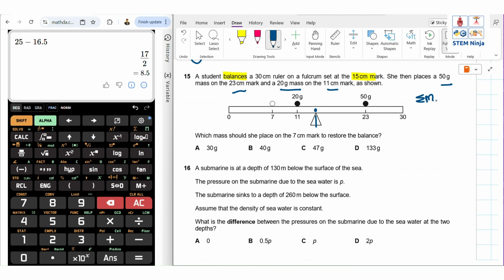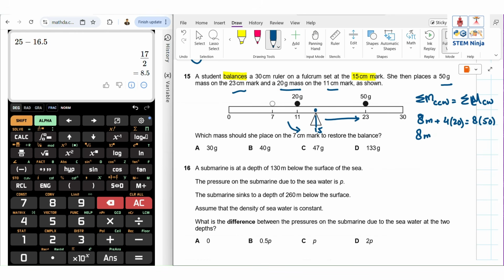So sum of moments counterclockwise equals sum of moments clockwise. So counterclockwise are these ones. 15 minus 7, 8 times m, plus 15 minus 11, 4 times 20, equals 23 minus 15, that is 8 times 50.